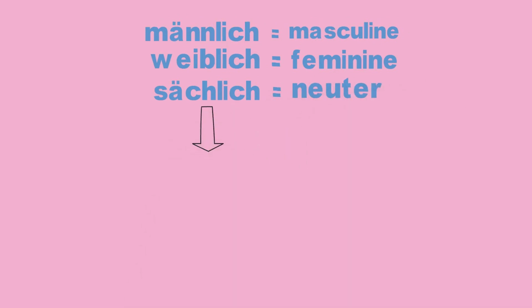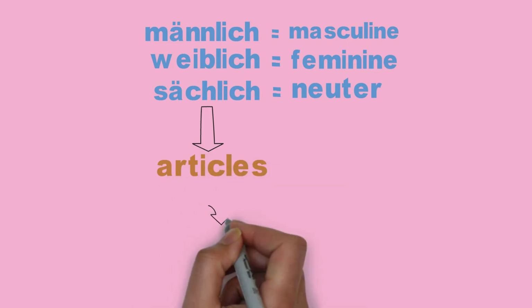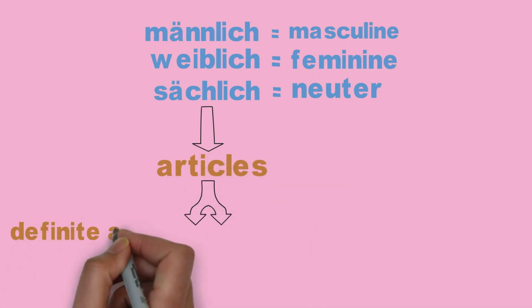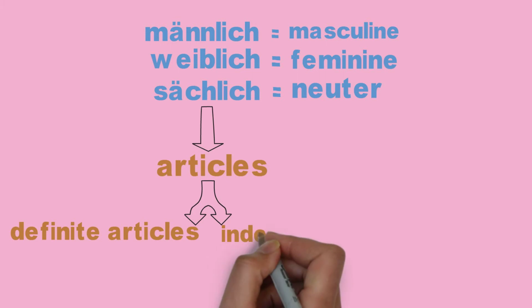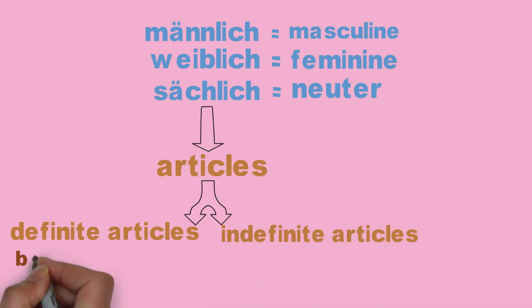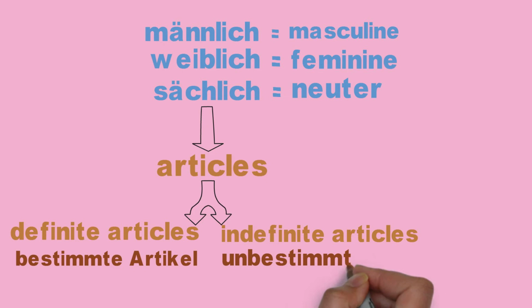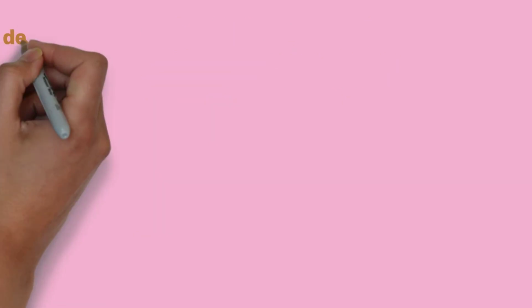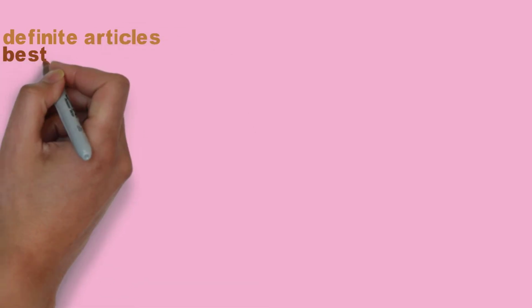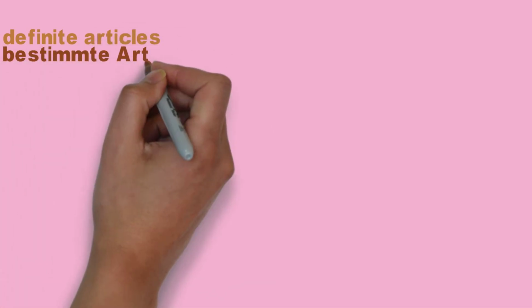Every gender has an article. We can divide articles as definite articles and indefinite articles. In German, we call bestimmte Artikel and unbestimmte Artikel.